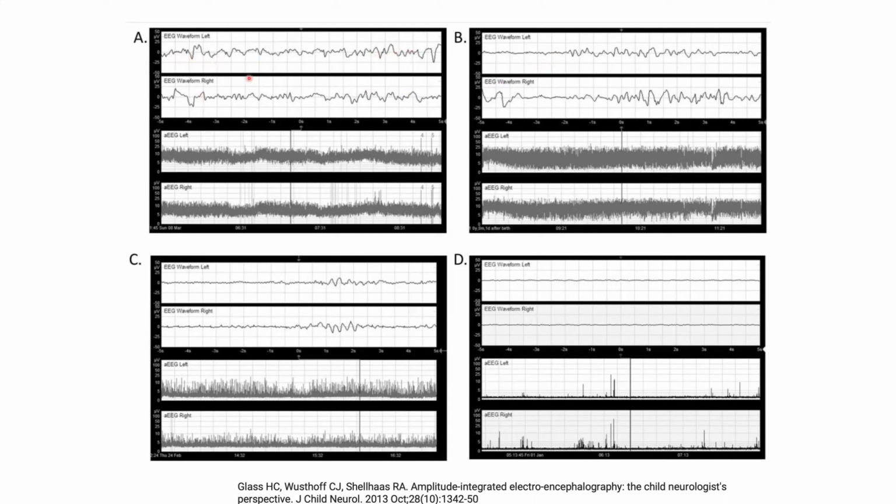You can see continuous activity. This is the raw EEG. What you see on the 2 strips below is the amplitude integrated EEG of the left and right, which shows a very thick pattern. You can see the amplitude is somewhere between 5 and 10. So the lower limit is 5 and the upper limit is slightly more than 10. This is a very normal pattern. This is called continuous normal voltage, right?